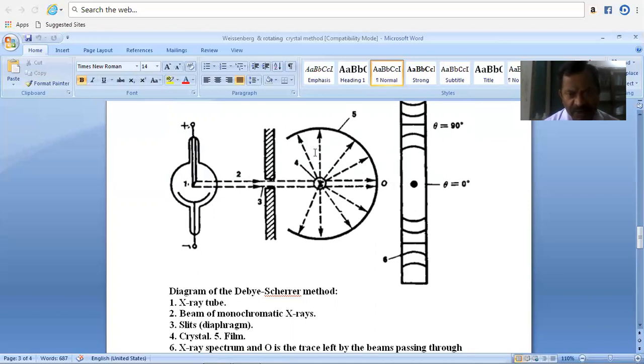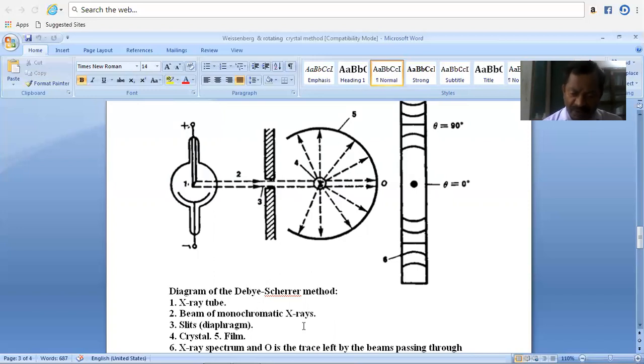The film is mounted in a cylindrical camera. So after getting radiation, we will develop the film. We will see the X-ray spectrum or the diffraction patterns like this. In powder form, we'll see the diffraction patterns in the form of an arc.